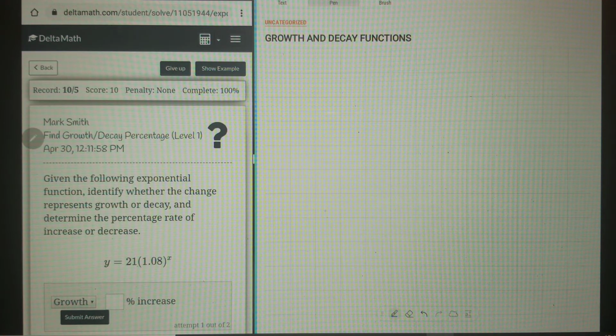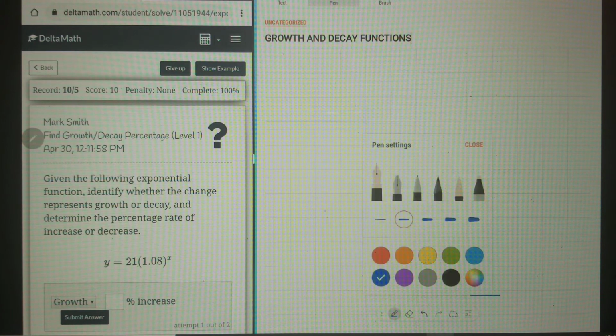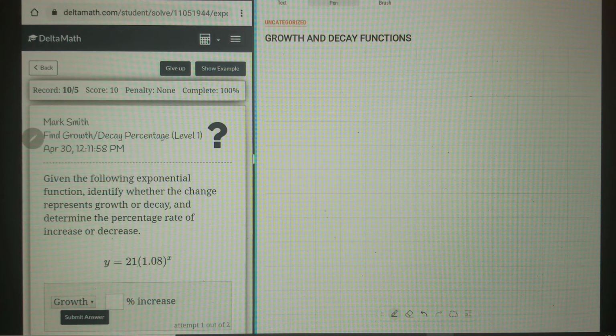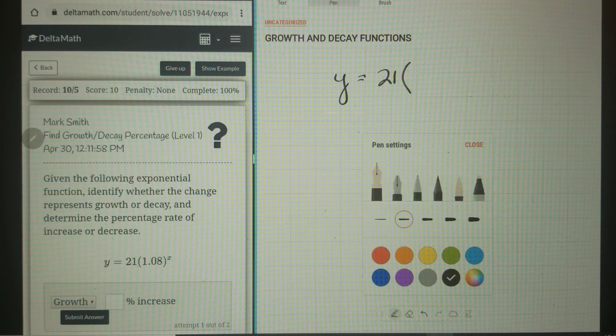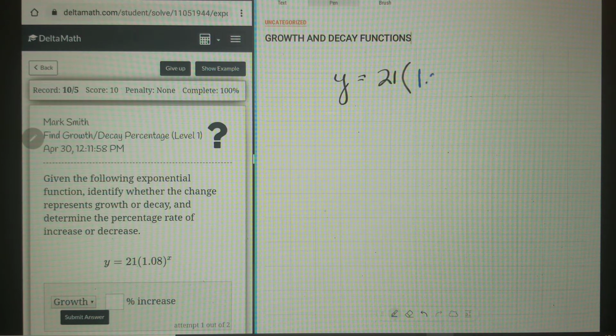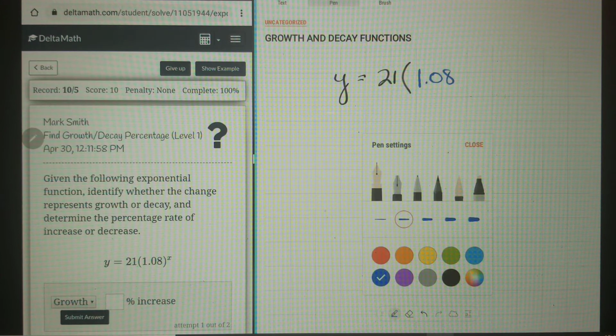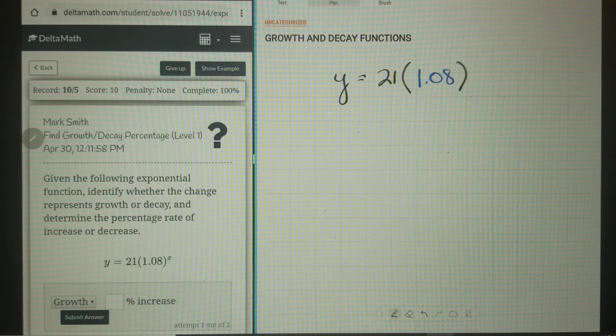Get rid of our stuff here. All right, and in this case, again, I'm going to write the problem. I'm going to put in black here, 21, and the only part that we care about is what's inside the parentheses, 1.08, and we can ignore everything else, x. All right, so what are we going to do? We're going to bring this 1.08 right here.